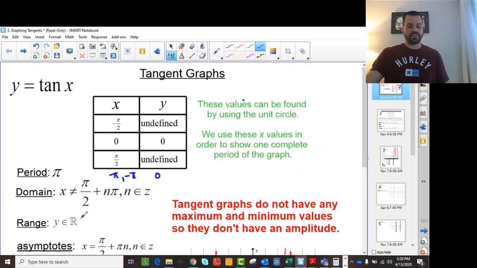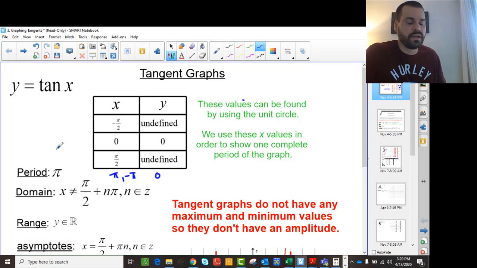Okay, the other thing that's different, or a few things that are different: the period. Remember with cosine and sine, the period was 2 pi. Now it's just pi. It repeats every pi. And if you're wondering why that happened, if you imagine back to the CAST rule, which I assume you know, tangent's positive in quadrants that are directly opposite each other. Sine and cosine aren't.